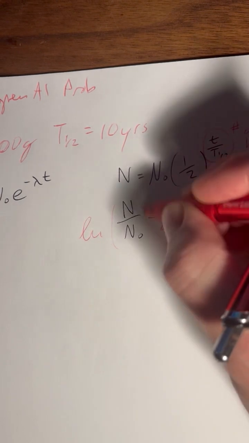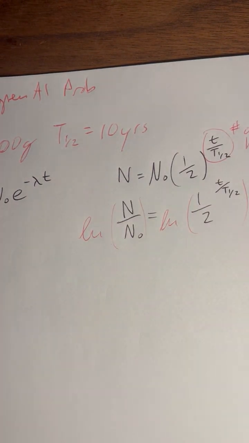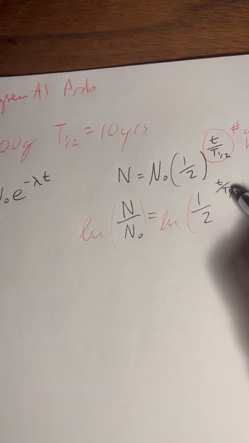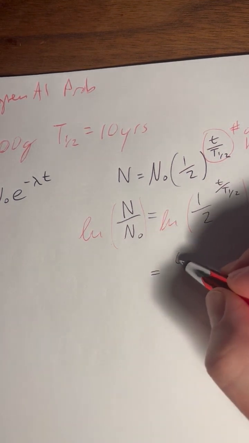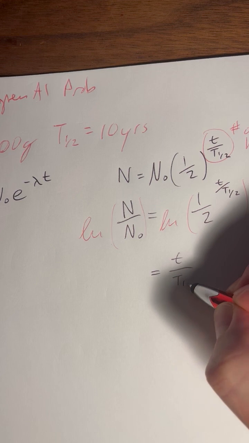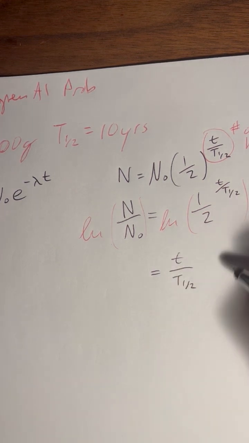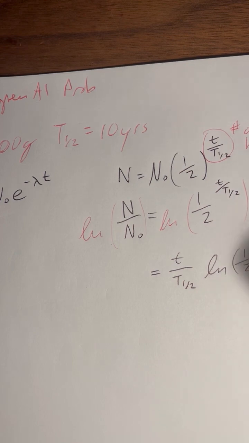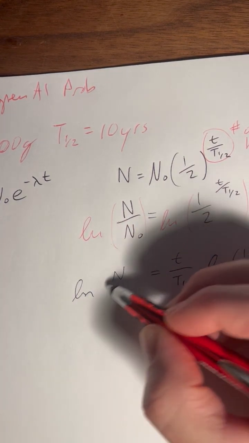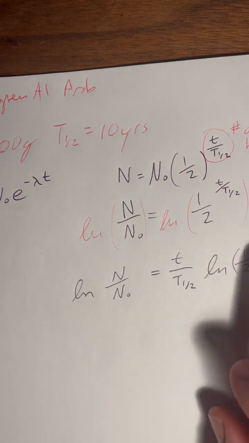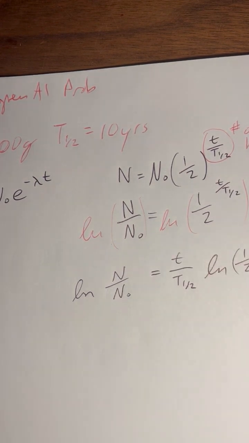And what I'm going to get here is this exponent can come out in front of the ln part. So I'm going to have t over t half, so time over half-life, times the ln of 1/2 is equal to the ln of n over n naught. Okay, so we've gotten our exponent down now.